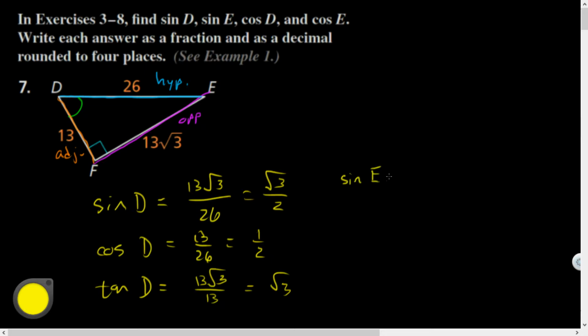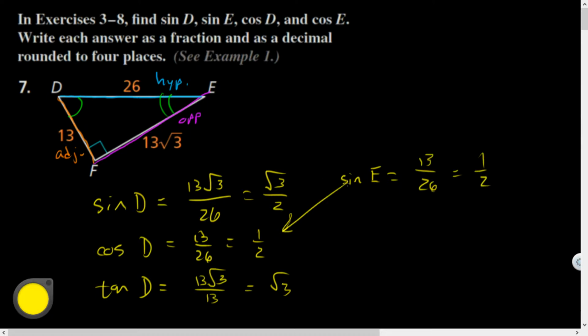Sine of angle E, the only thing that changes is that adjacent and opposite are now different, right? From E's perspective, 13 will be the opposite and 13 root 3 will be the adjacent. So sine of E, its opposite over hypotenuse, is 13 over 26, which equals 1/2.